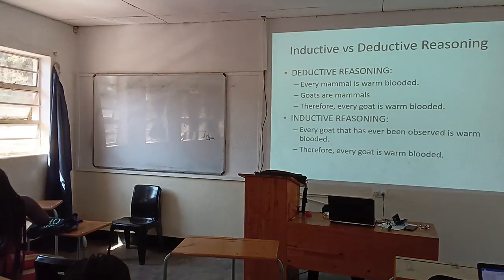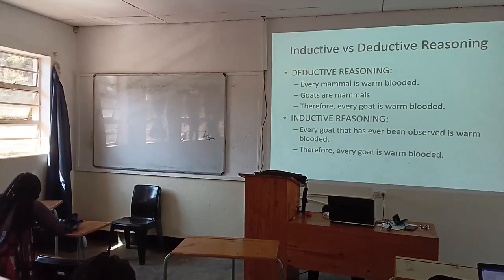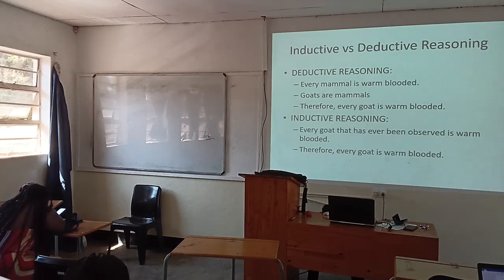Mona conducted her study in Chitipa and found that her gods are warm-blooded. So, despite that these people have done these studies in isolation, we can connect them to come up with that statement, to come up with a hypothesis.